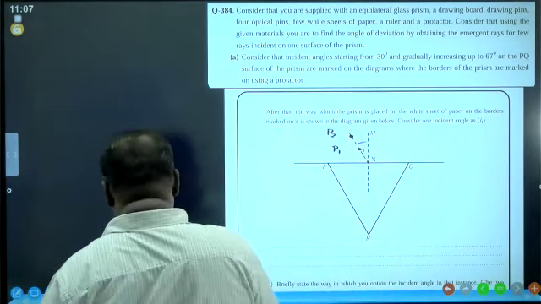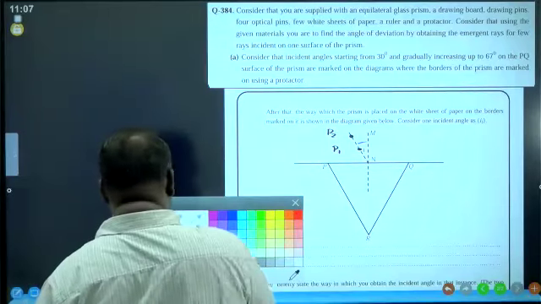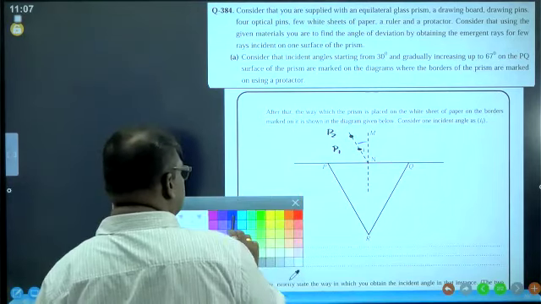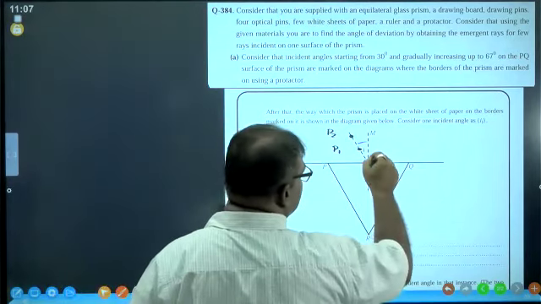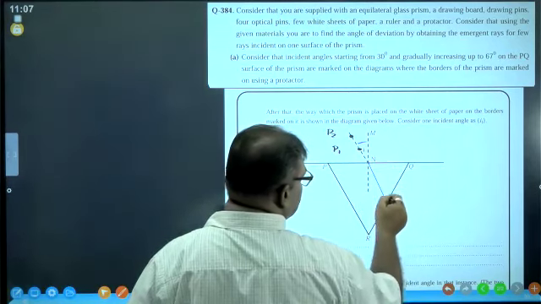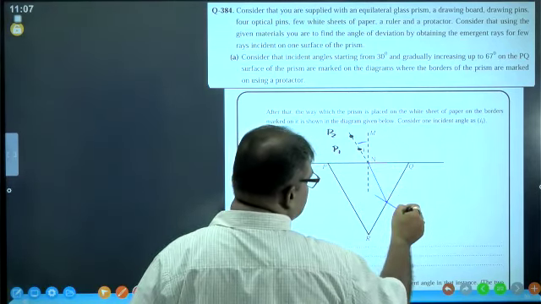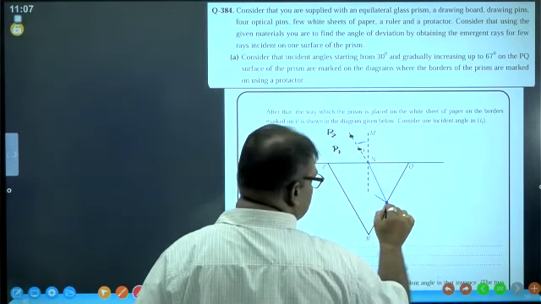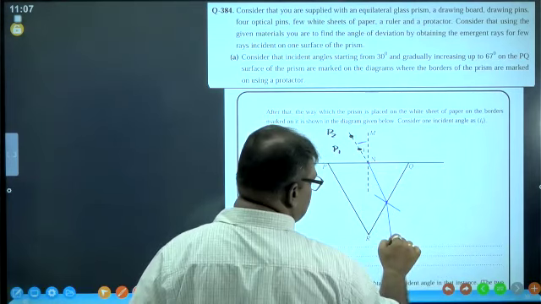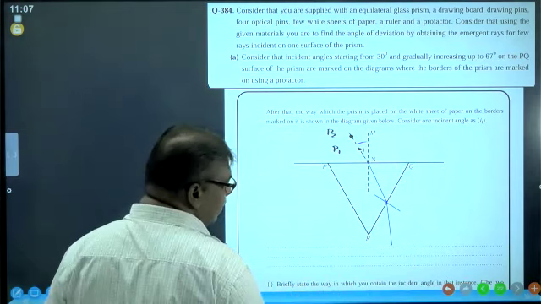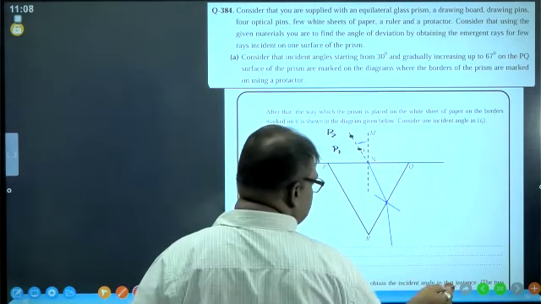The path of the light ray we can draw by using the figure like this. The light ray goes like this, no? Here we have the normal, and the light ray emerges to here. Okay, this is the way of the light ray.